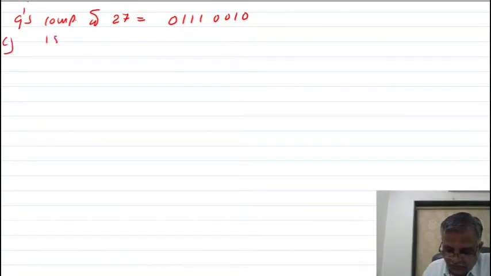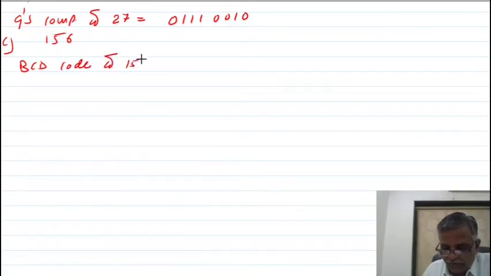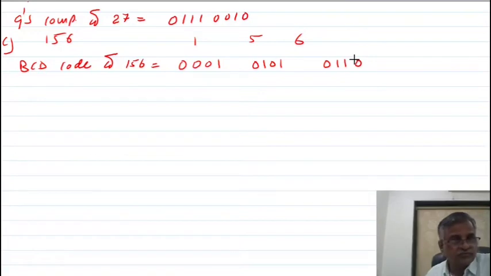See, 156. BCD code of 156, I would write 0001 0101 0110.